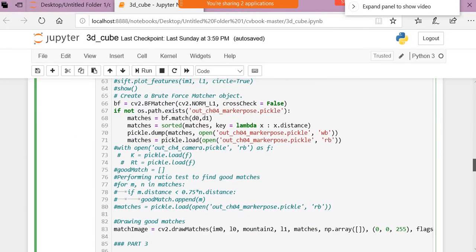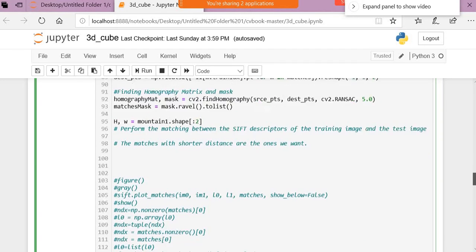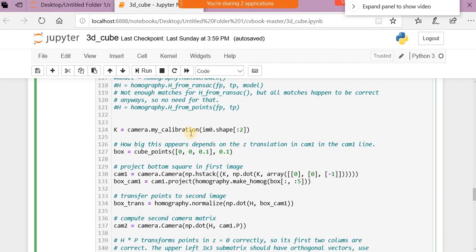Inside the camera there is one function, that is my calibration. Just call that function directly, you do not have to do anything manually, and inside it you have to provide the shape of your object. In my case, in the array form, I am taking the resolution of 747 by 1000.